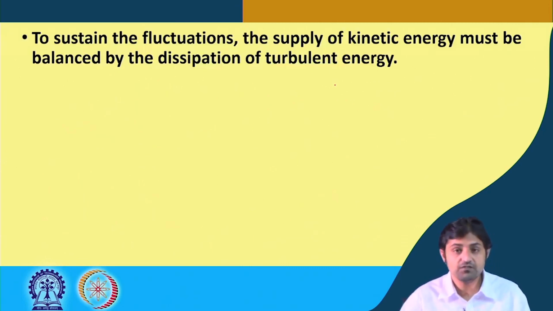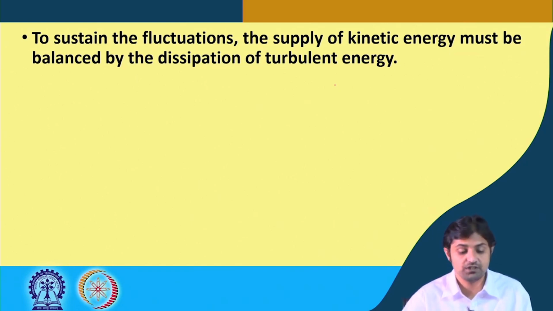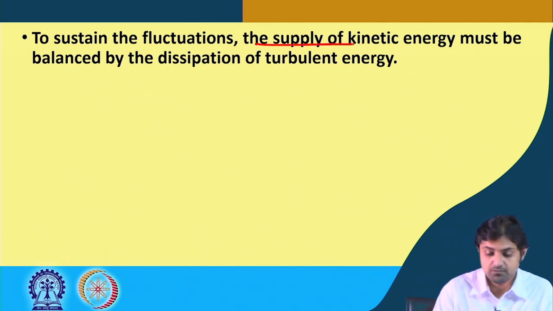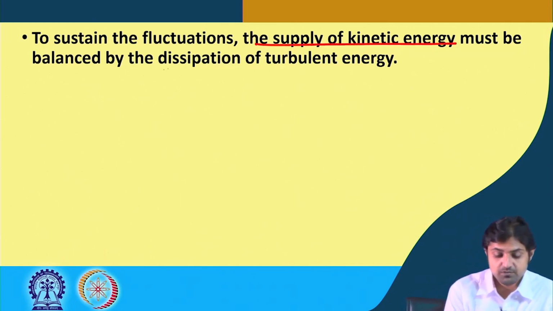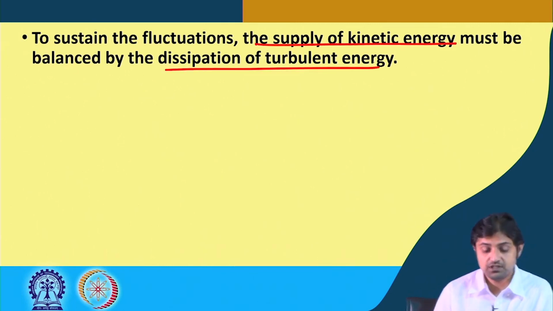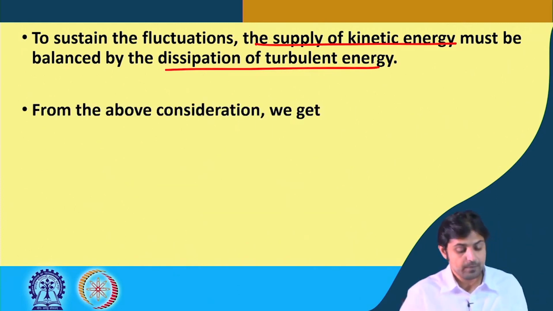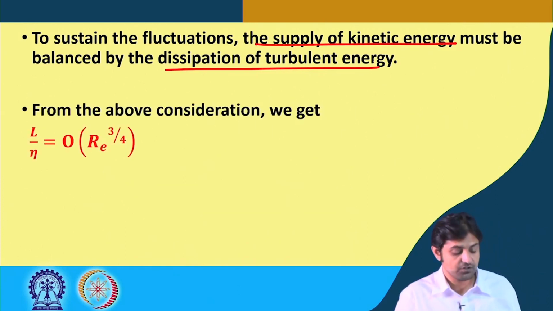To sustain the fluctuations, the supply of kinetic energy must be balanced by the dissipation of turbulent energy. This is the important thing. From the above consideration, what we get, though the derivation is definitely outside the scope, is that L by eta is of the order of Reynolds number to the power 3 by 4.